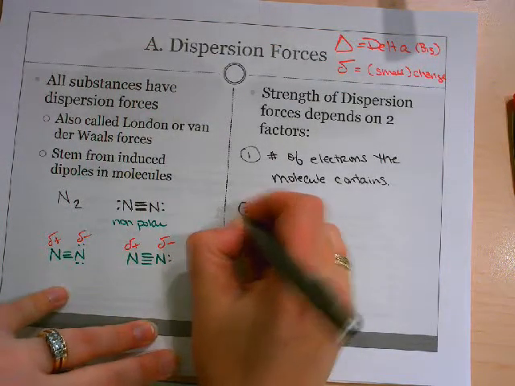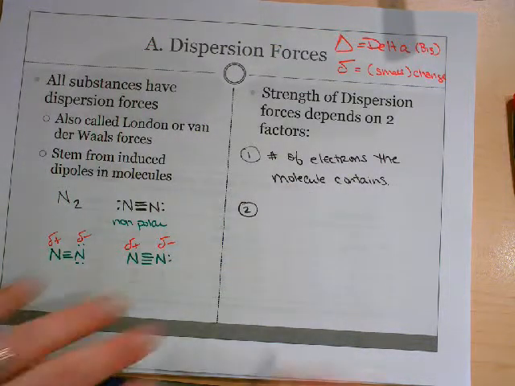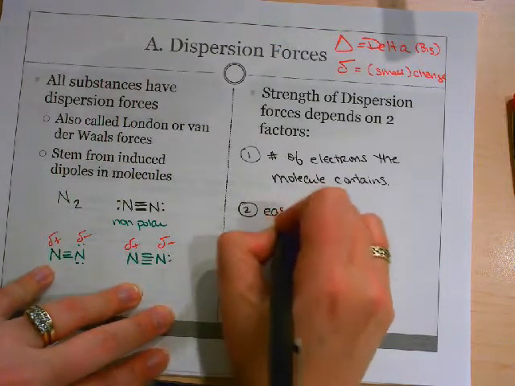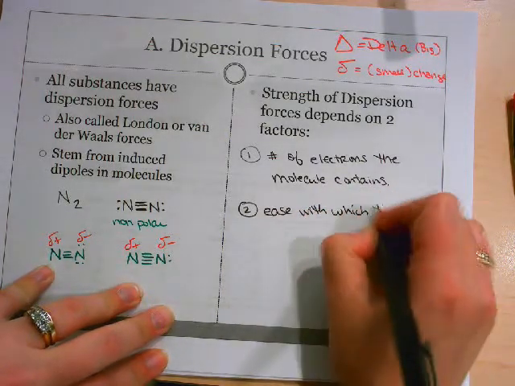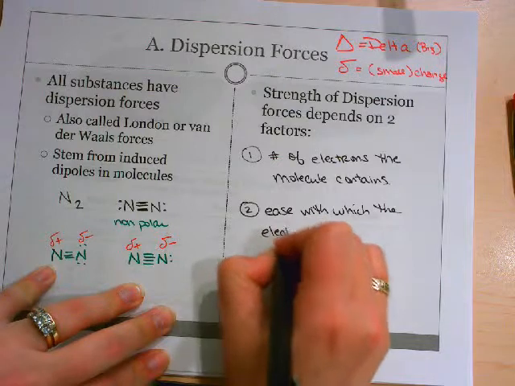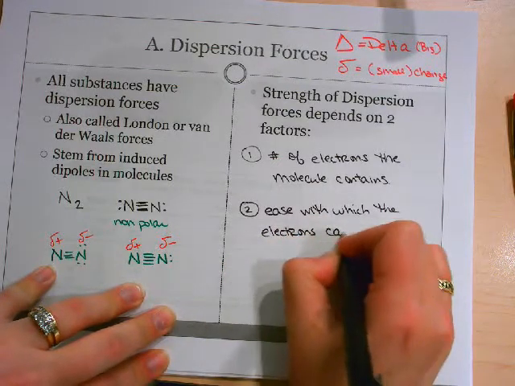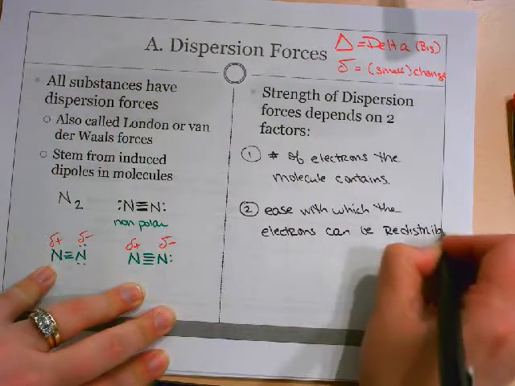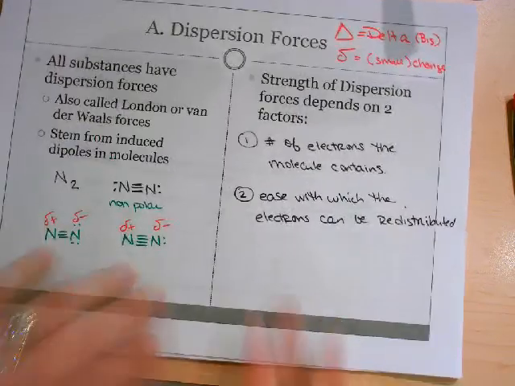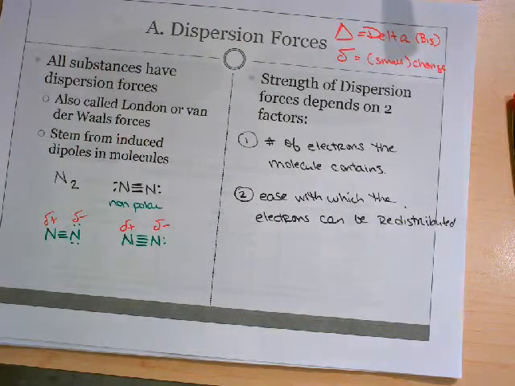Now I'll do the second one, then I'll talk about why these are the two. Alright, so the second one is the ease with which the electrons can be redistributed around the molecule.